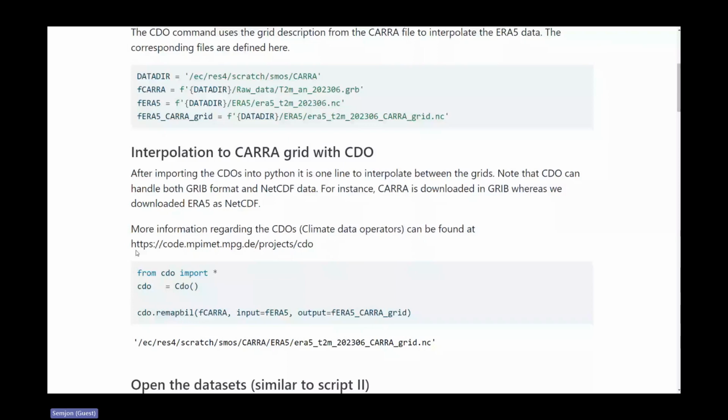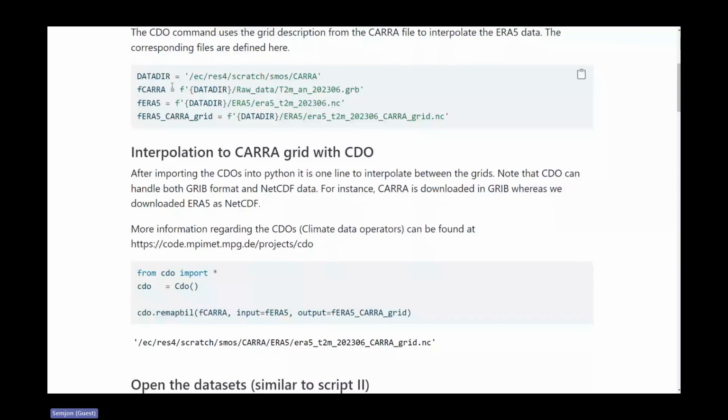And what we see here is this one command. So with CDO, I do a remapping using a bilinear function. What's needed for the CDO command to do this interpolation between the grids is that I take fCARRA, which is the CARRA data set, the file that we downloaded.